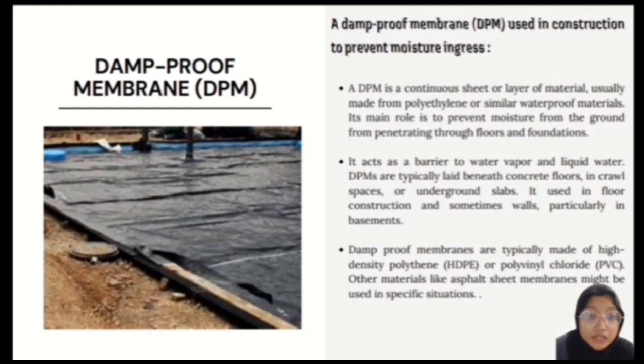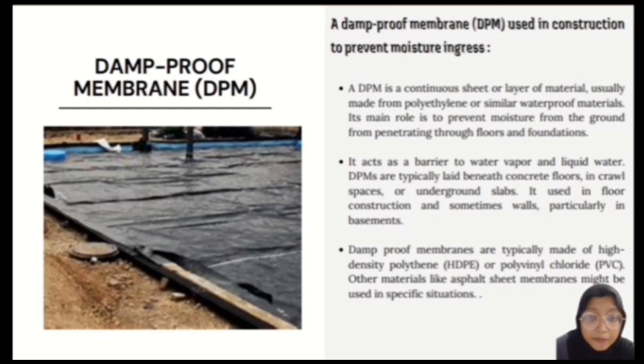Damp-proof membranes are typically made of high-density polyethylene HDPE or polyvinyl chloride PVC. Other materials like sponge sheet membranes might be used in specific situations. Generally, there are several types of material available, including polyethylene DPM, polypropylene DPM, PVC DPM, and bitumen-based DPM.